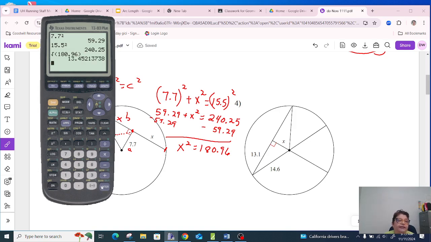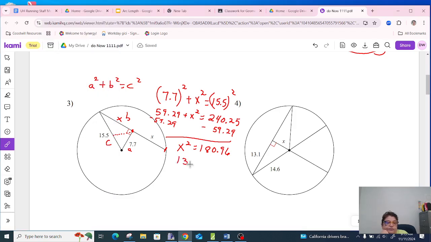And I get the answer of 13.5. Right? So this would be 13.5. Make sense or doesn't make sense?